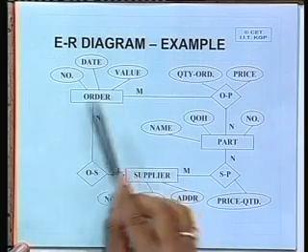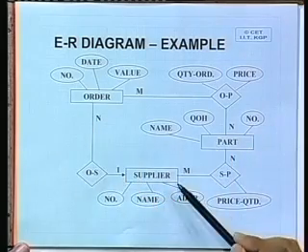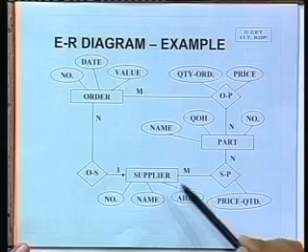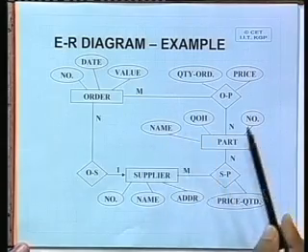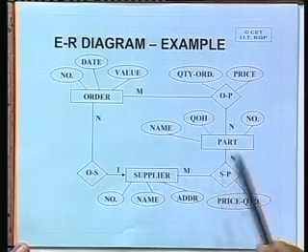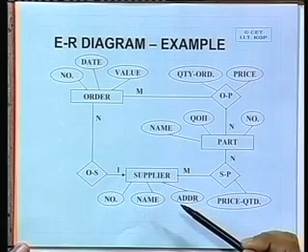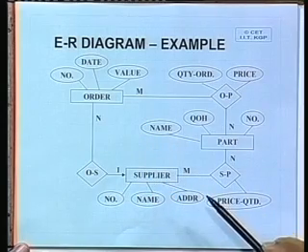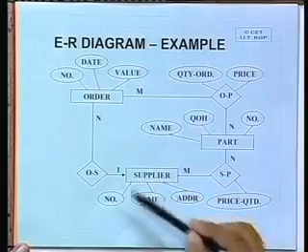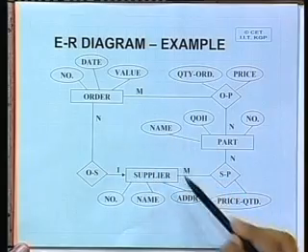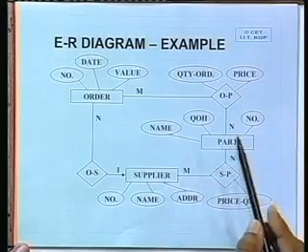So, these are the three basic entities: order, part and supplier. Then we could relate them by order part, supplier part and order supplier. Okay. So, this is a three-way relationship. So, the three entities are each connected to one another.